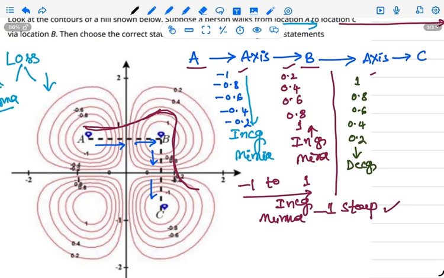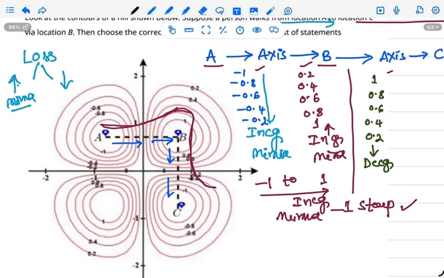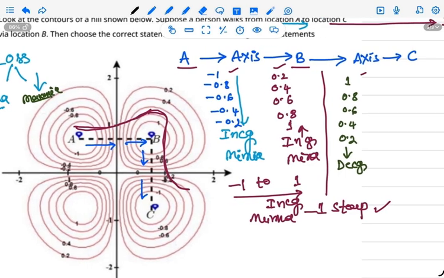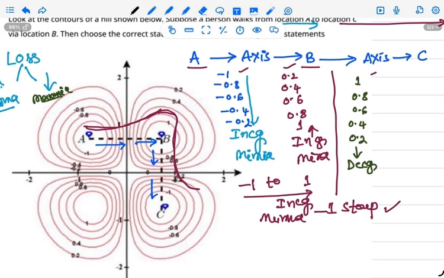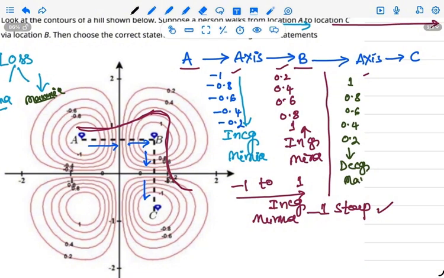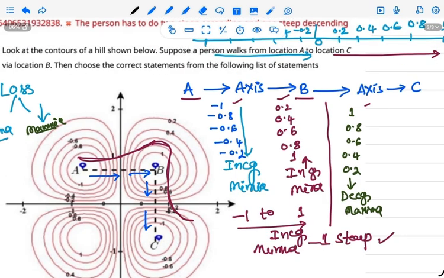If the loss is decreasing, it is a maximum point. These values are decreasing, so it is a maximum point. From the axis to C, how these values are: 1 to 0.2. So here these are moving in this direction, 1 to 0.2, decreasing.